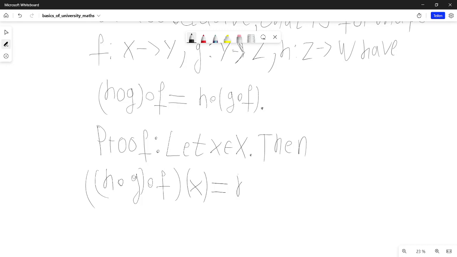And what is that? The composition evaluated, well, we have to take this map and evaluate it at what the other map that precedes it gives, right? So what we have is that here. All right. And what is that?